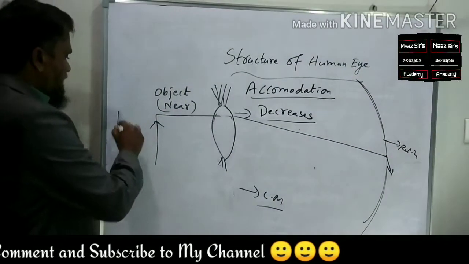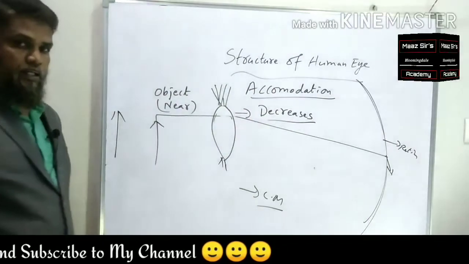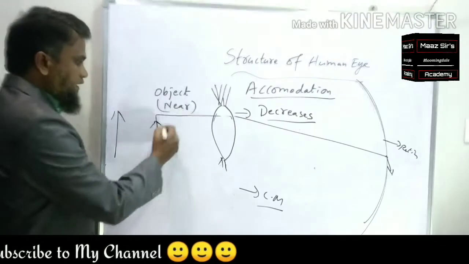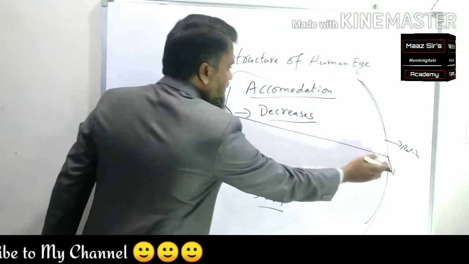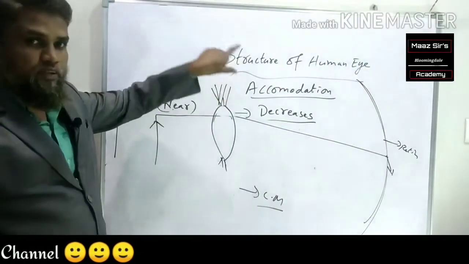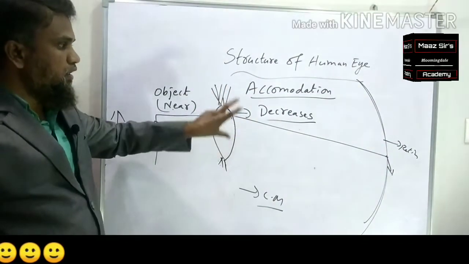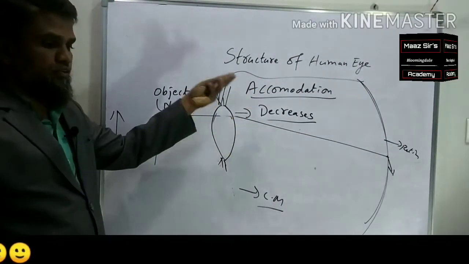When the object is far away also, you are getting the image on the retina, and when the object is near also, you are getting the image on the retina. Why? Because of the process of accommodation. Is it clear? So this is the answer to the question.